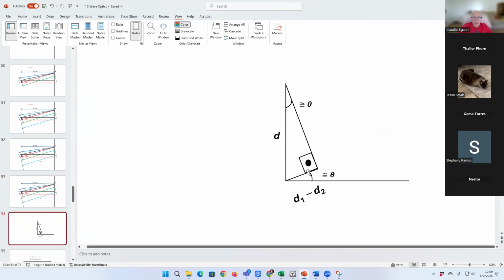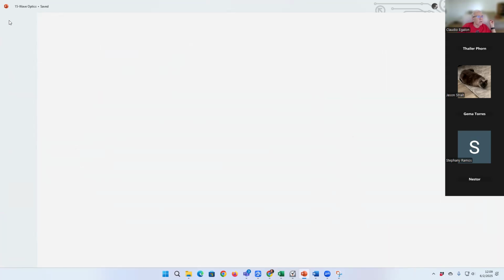And let's not forget that this angle is also approximately theta, right? If this angle is approximately theta, this one must also be approximately theta. And how do I know that? Well, very simple. Let me draw another.